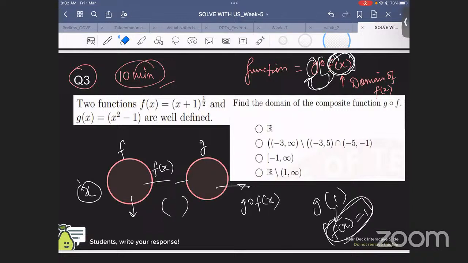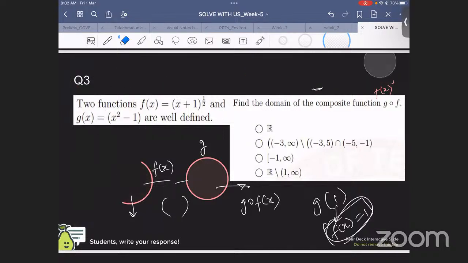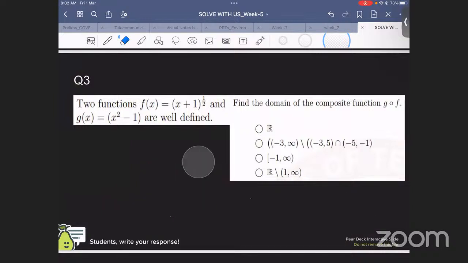So in this case, f(x) is square root of x plus 1. Let's solve this one. What is the domain of f(x)?